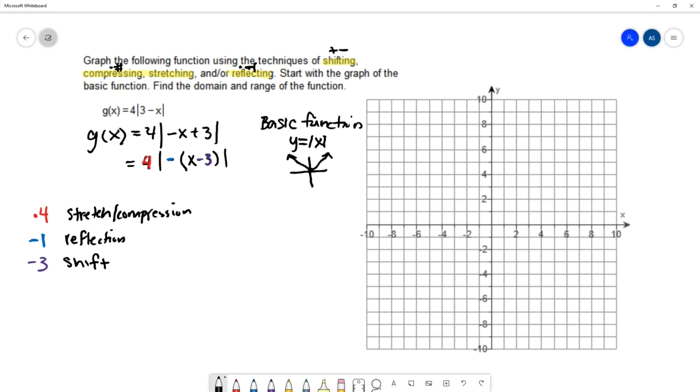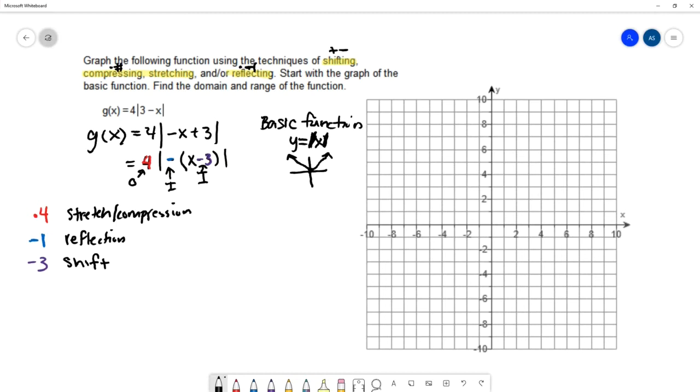So one thing we can pay attention to is whether the transformation is occurring inside or outside of our basic function. Our basic function is that absolute value, so we're going to look on the inside and on the outside of the absolute value bars. The 4 is outside, the negative is on the inside, and the minus 3 is on the inside. Transformations that are on the inside will be horizontal transformations, and transformations that are on the outside will be vertical transformations.